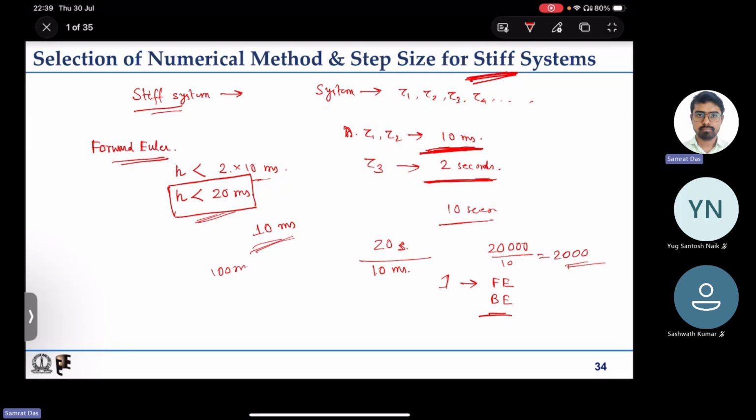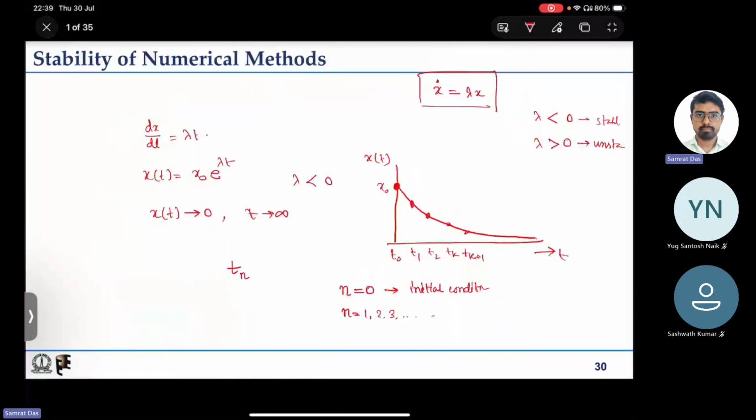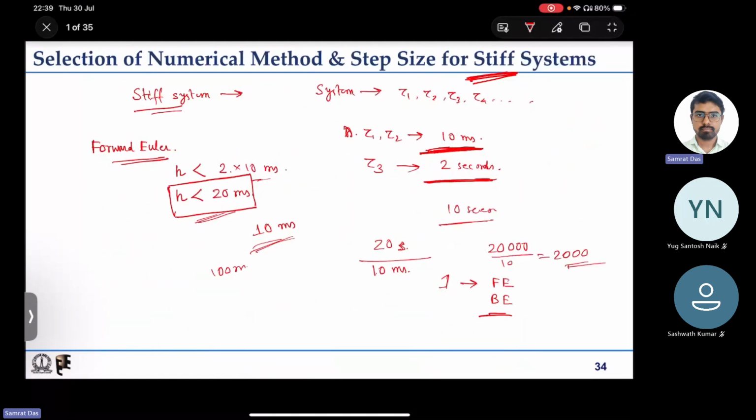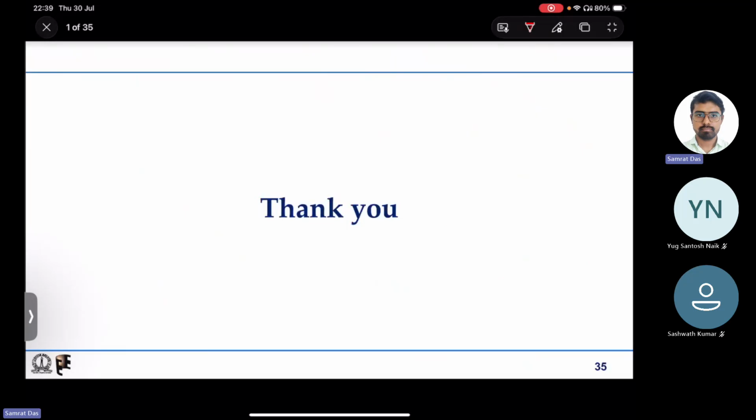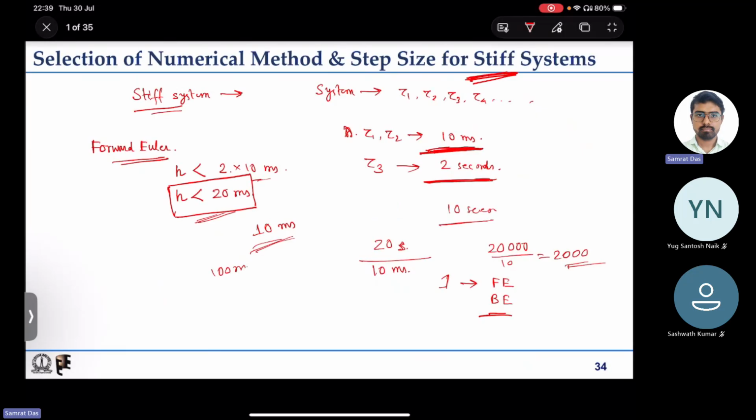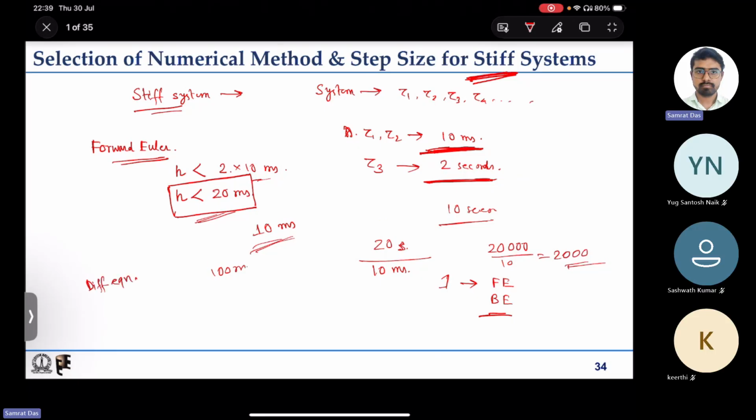And after that, till now we have studied different mathematical models. First we saw the differential equation model, then we saw the state space model, and then we saw the discrete, that is difference equation model.